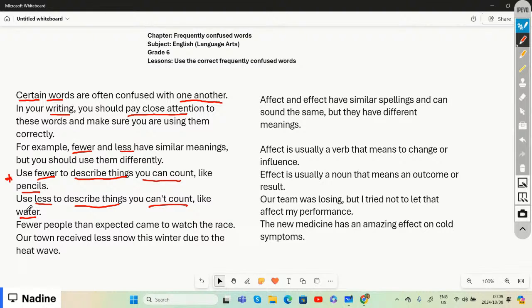If we make an example here, it says, "Fewer people than expected came to watch the race," meaning people you can count. "Our town receives less snow this winter due to the heavy wave." You see, less snow, because we can't count the snow.